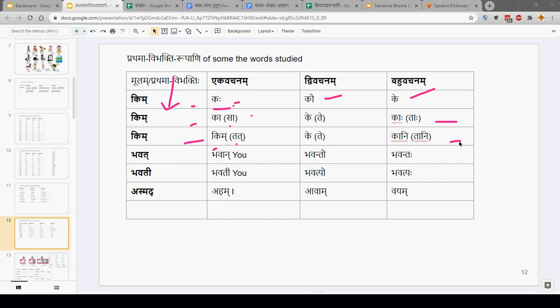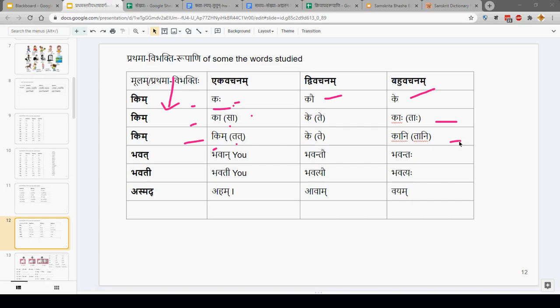Ke balakaha santi means which boys are there, or who are the boys. Ke balakaha, kaha balikaha. Question. Kani phalani santi, or kani khadyani santi. Khadyani is eatable, something edible. Kani khadyani santi. You can ask the question.